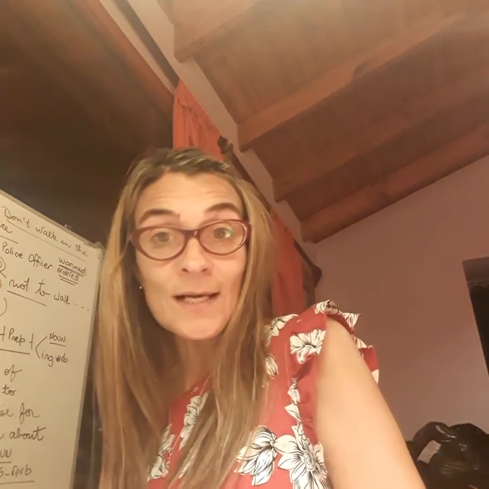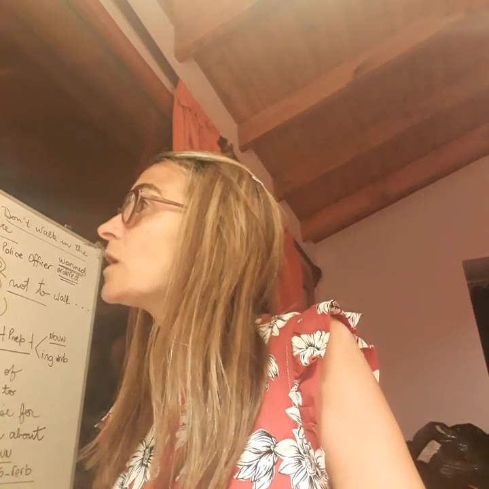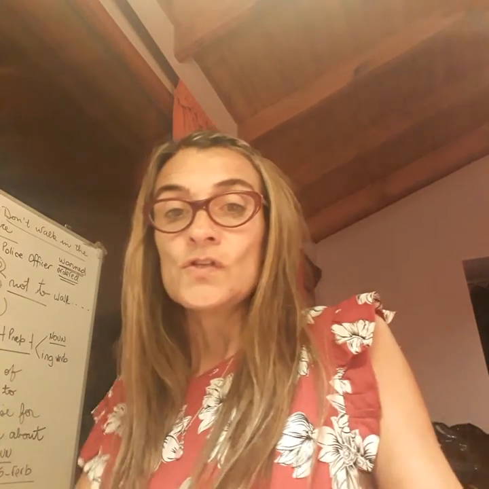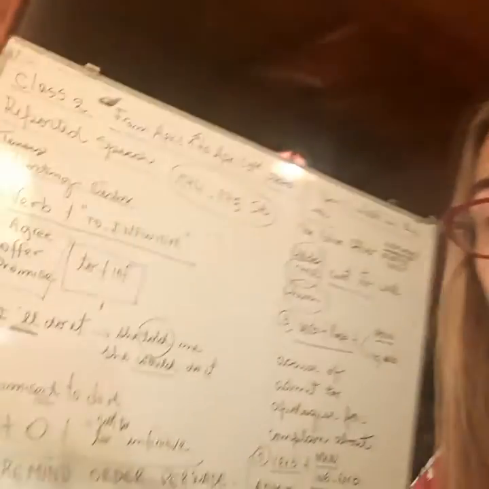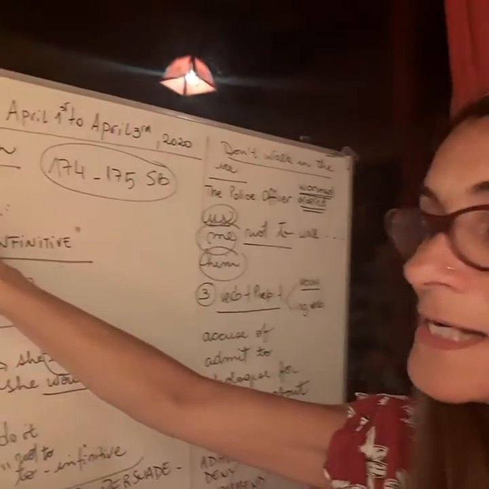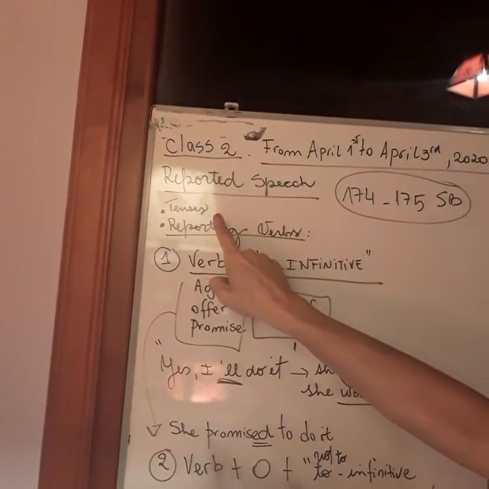Bien, to continue with reported speech, second class, today we're going to talk about reporting verbs. As we have said before, we started with the tenses, how to report tenses. This is what we have been doing. We learned that simple present changes into simple past, present continuous, past continuous, present perfect, past perfect, simple past to past perfect as well.